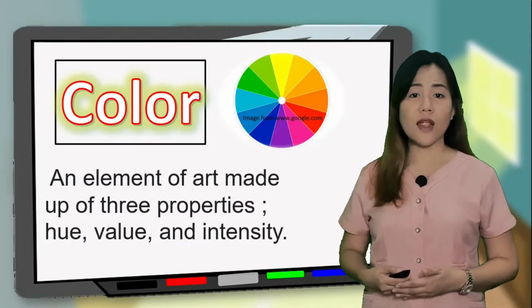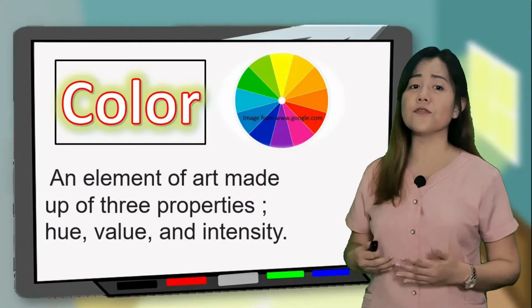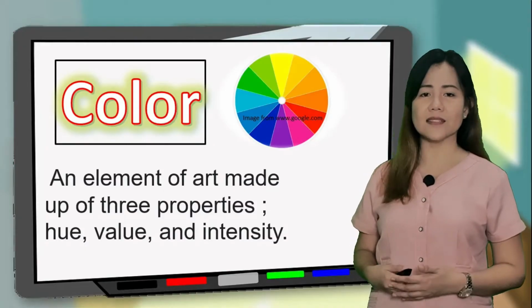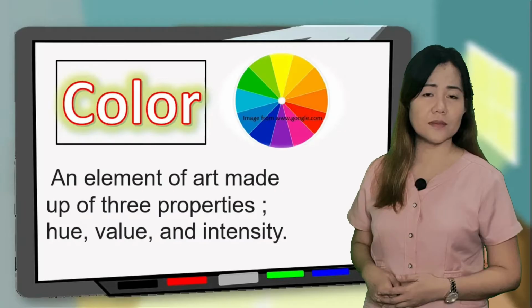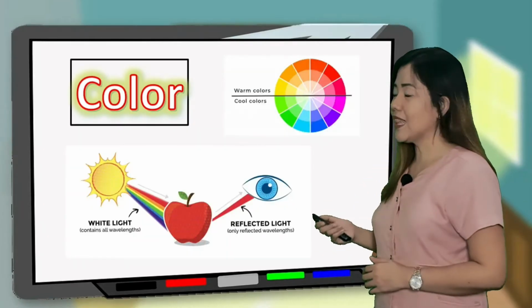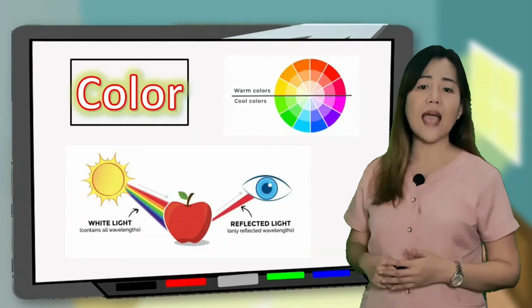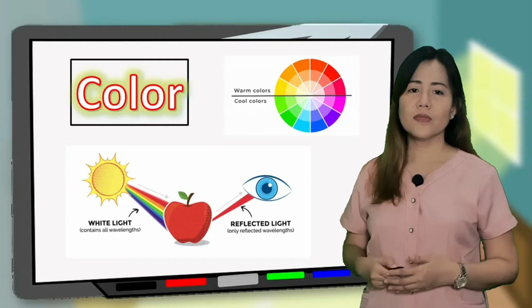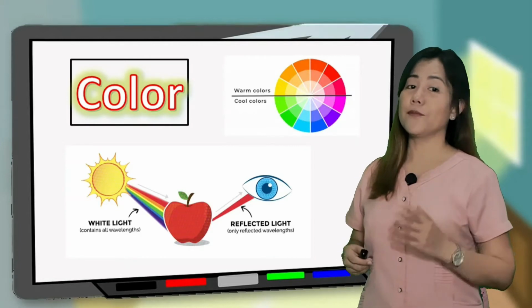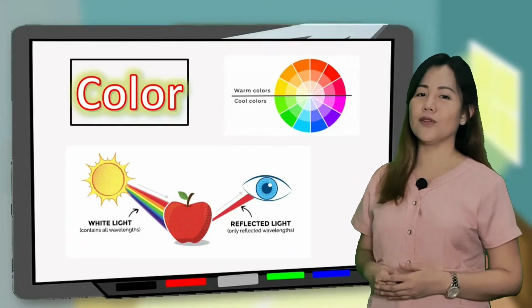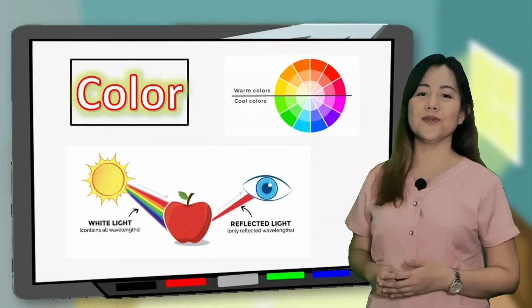It is the way we describe an object by the way it reflects or absorbs light. When light hits an object, we see color of it. Example, when light hits an apple, we see the color red. Color can be separated into two families, like primary and secondary color, warm and cool colors.